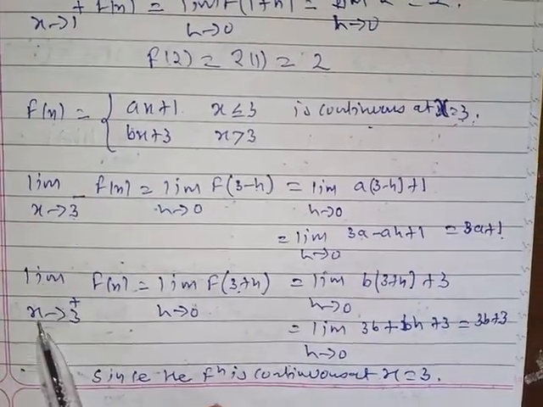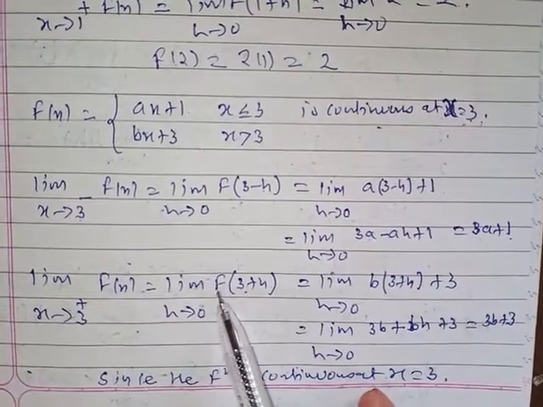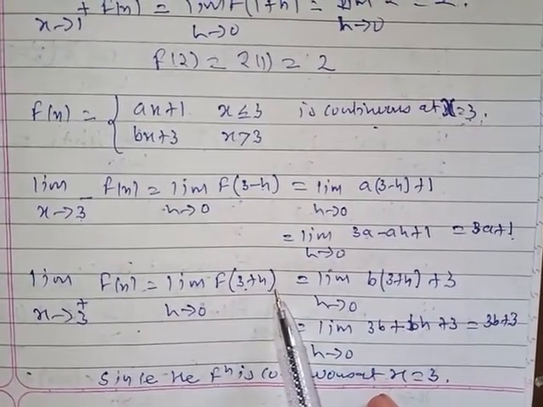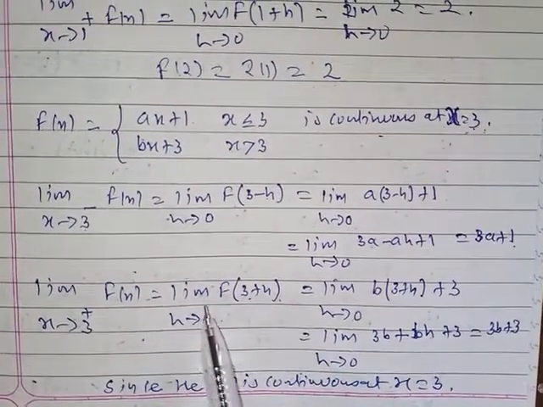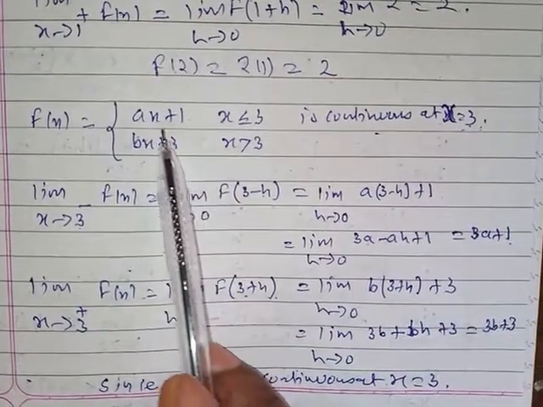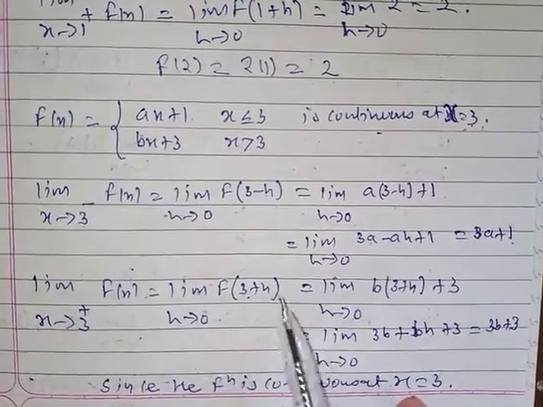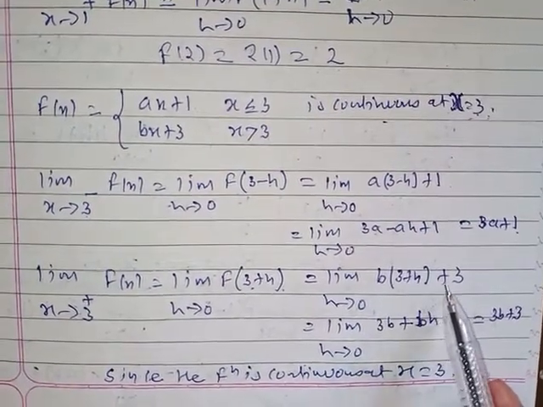Limit x tends to 3 plus f of x is equal to limit h tends to 0 f of 3 plus h. 3 plus means the right hand side of 3, meaning greater than 3. What is the function defined as there? bx plus 3. So limit h tends to 0 of b times 3 plus h plus 3.